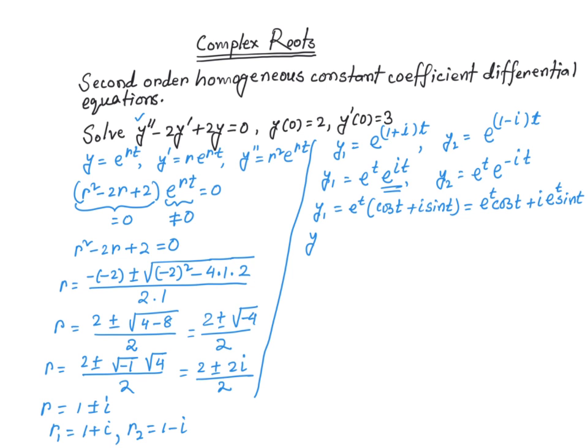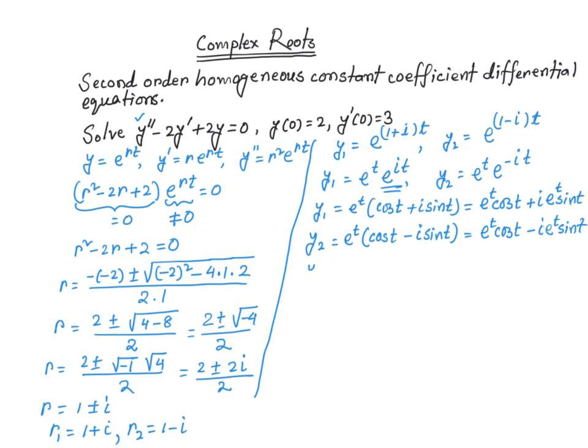Similarly, y2 is e to the power t times e to the power negative it, which is cosine of t minus i sine of t. That simplifies to e to the power t cosine of t minus i times e to the power t sine of t.